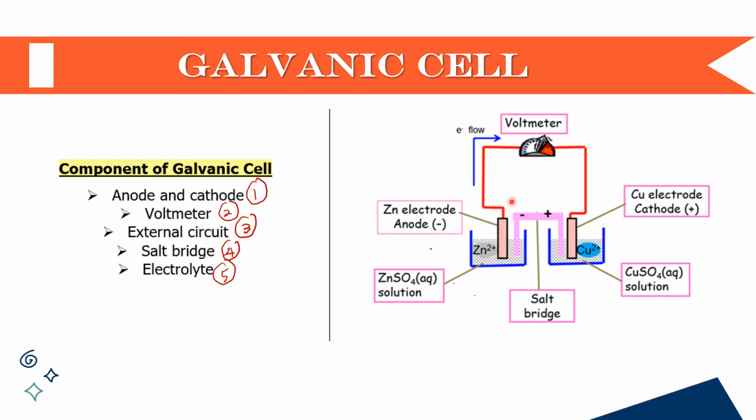This is the external circuit, our wire, where the electrons will flow, and this is the voltmeter to record how many electrons flow and how much electricity is produced. And this is a salt bridge, used to connect the two beakers and complete our circuit. As you can see here, we're going to use this example throughout this explanation, where we have a galvanic cell that contains two electrodes.